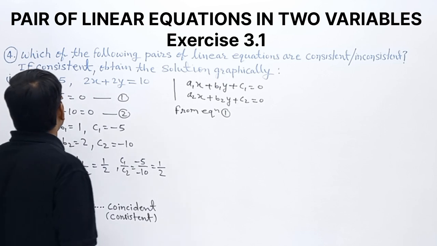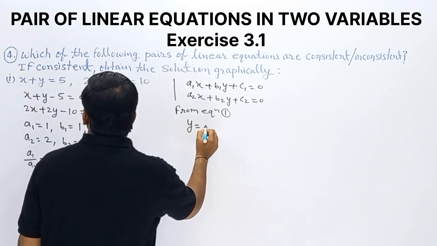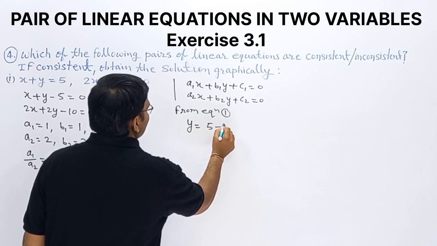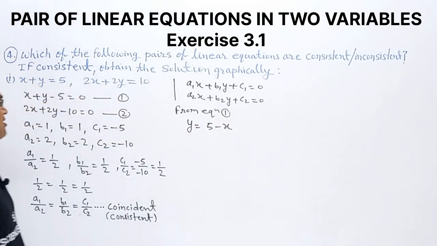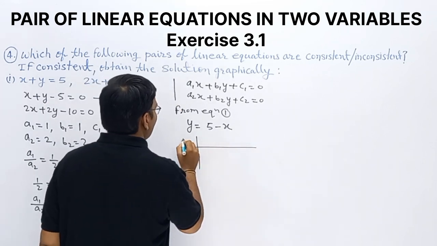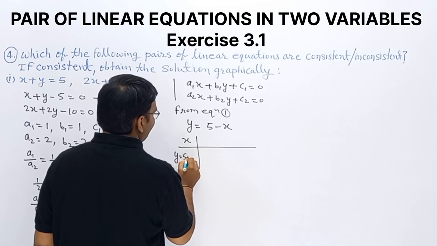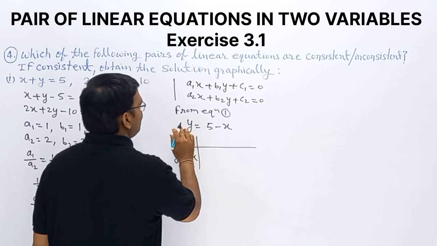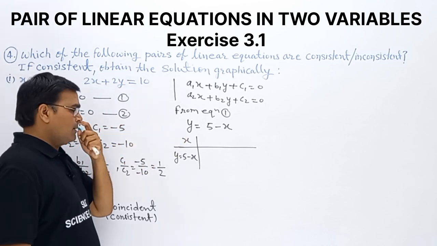From this equation we can say y equal to 5 minus x. So for different values of x, we will find the values of y using y equal to 5 minus x. From equation 2, what are we getting? y equal to 5 minus x.